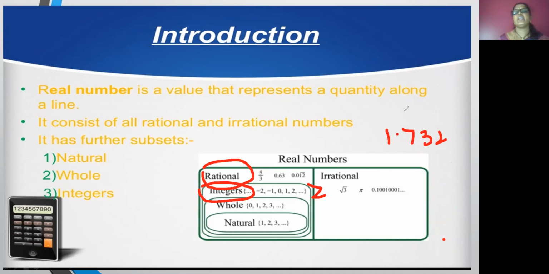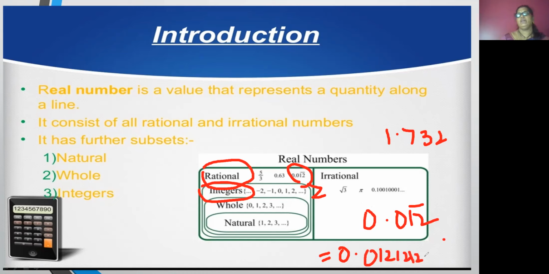What is the meaning of recurring? In a rational number, 0.012 with a bar means, what is the meaning of bar? So I can write it as 0.012 bar, that is, 0.01212 and it goes on non-stop.